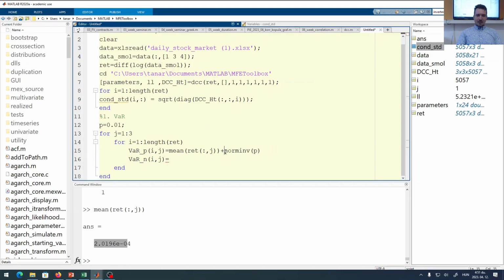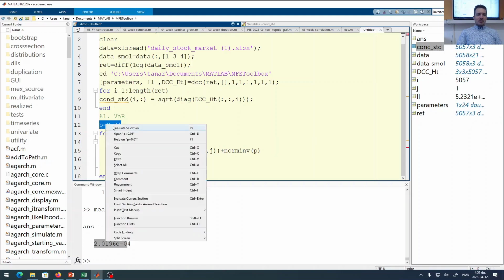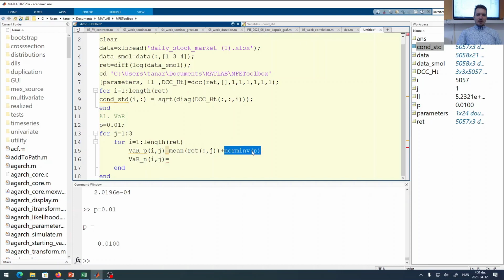Okay, so now we can see that, yes, but in this case if it's 1% then this should be negative because this is positive.